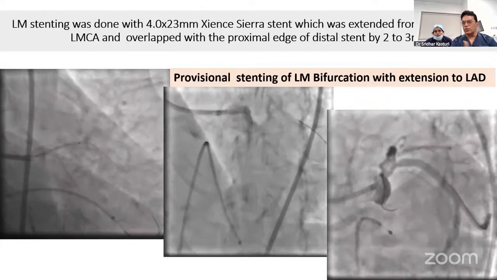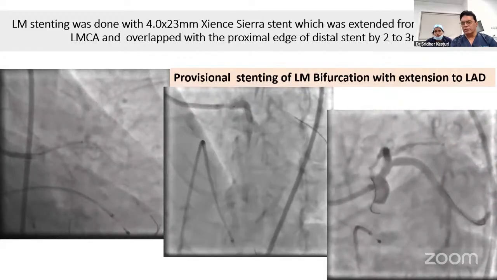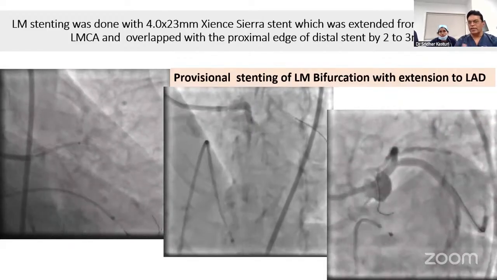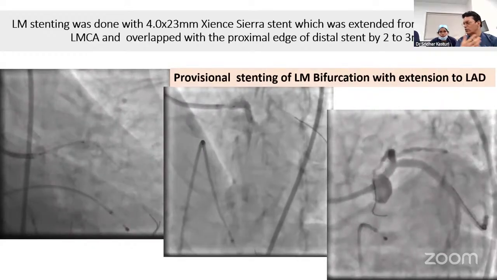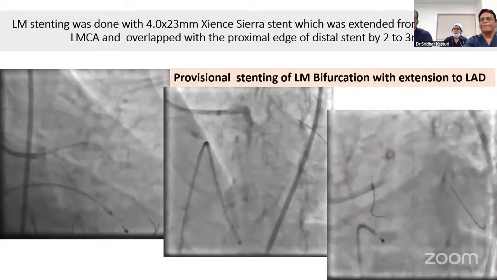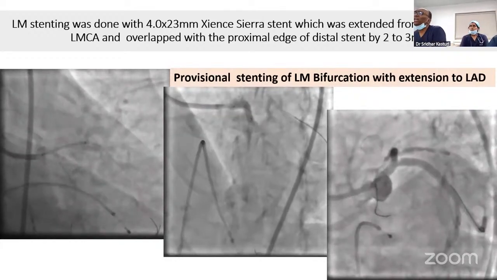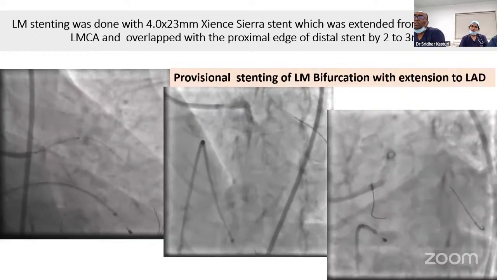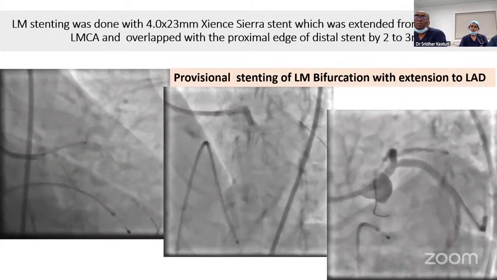Anything you can comment, what type of stent you want to use, radial strength, struts, cell size, anything if you want, you can discuss. So it's a Medina 1-1-0 classification. This single stent strategy, provisional stent strategy, is the idea.